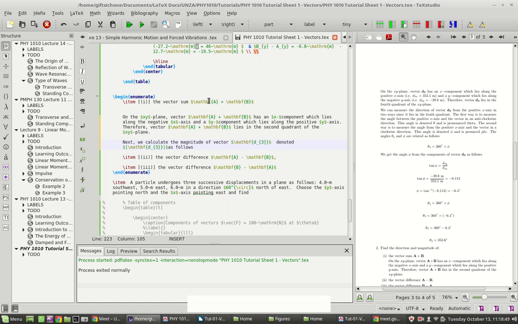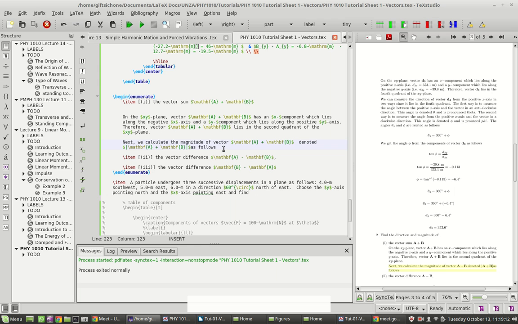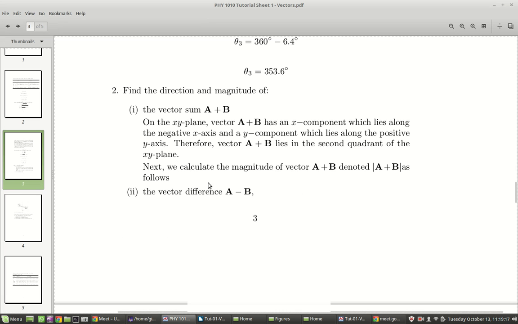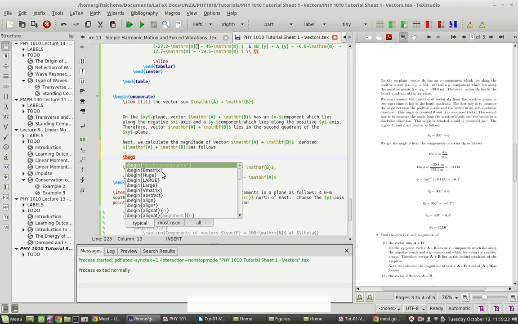Next we calculate the magnitude of a plus b. So we want to find the magnitude of a plus b, and how do we work that out?